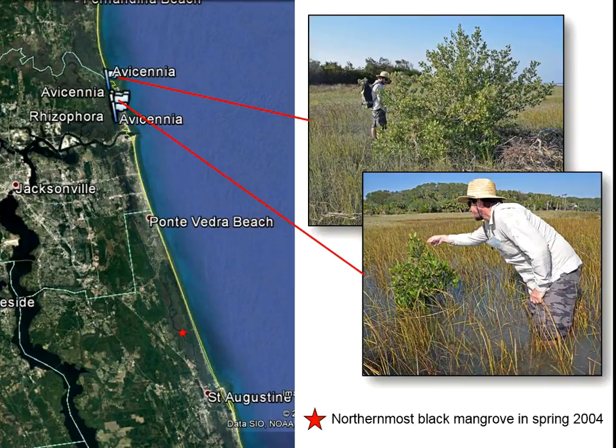We looked hard, but it's very hard to get into all those marshes. You're down in the boat, you can't see back there. But anyway, we found little black mangroves here. These mangroves are still here, and they're good-sized trees. But this is our northernmost mangrove in 2004.